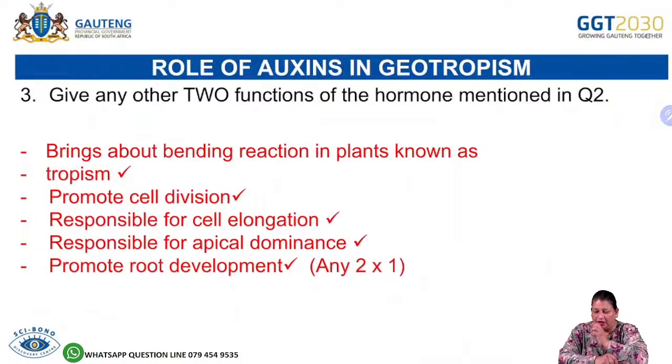Responsible for apical dominance. They dominate the apex, and as long as auxins are found in the apex, there'll be less lateral branches. The moment the auxins are removed, there'll be more lateral branches. This is called apical dominance. And also auxins cause roots to develop, so if you take a stem cutting and you put auxins in there, yes, roots will develop as well.